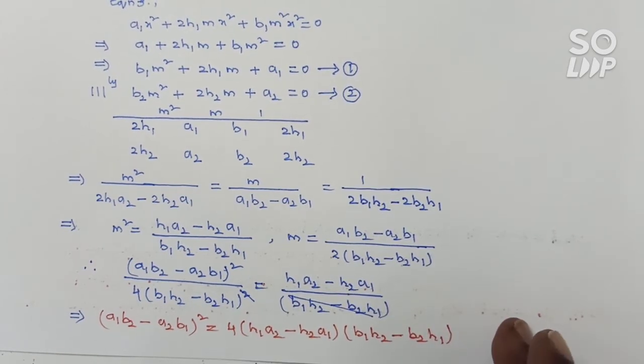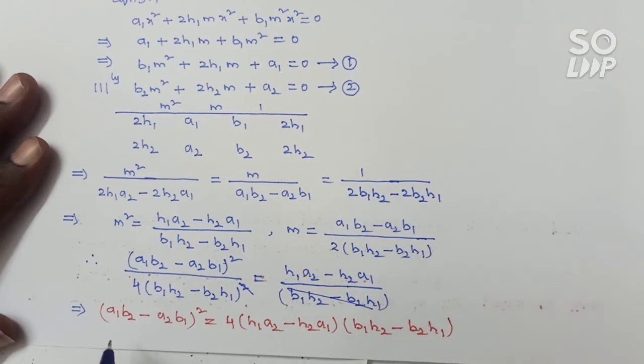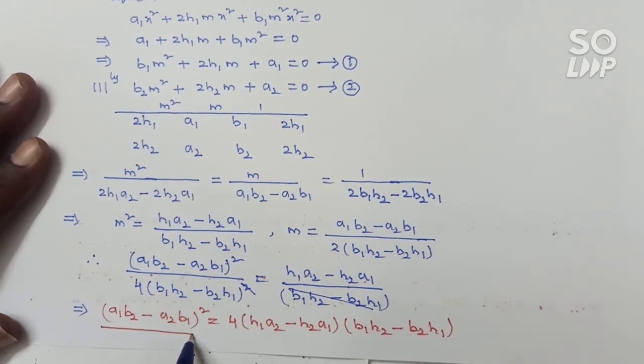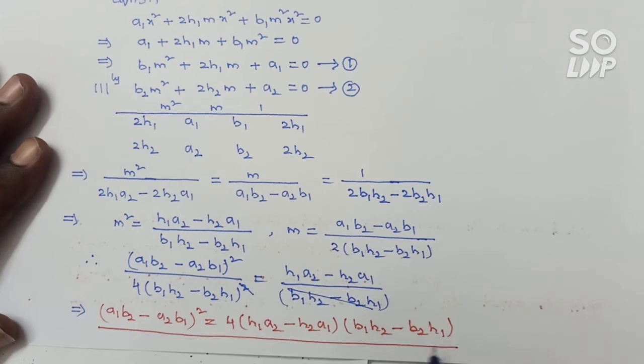So this one is the required condition if the given pair of equations have a common line.